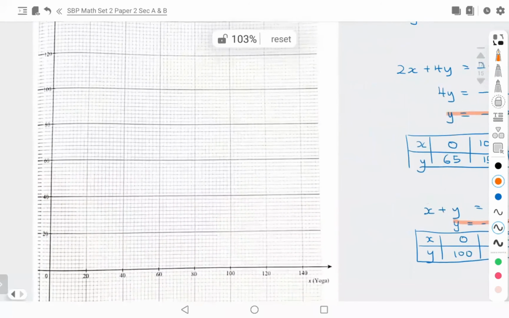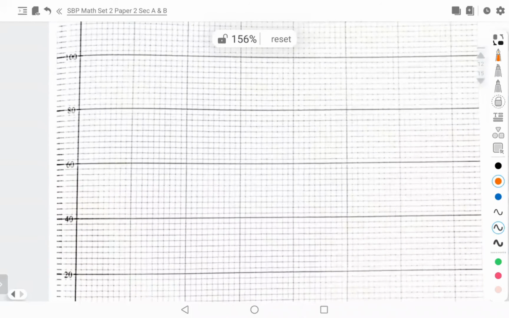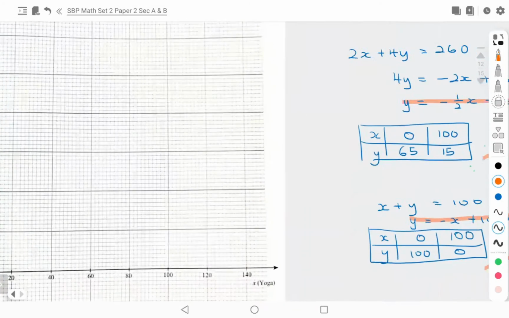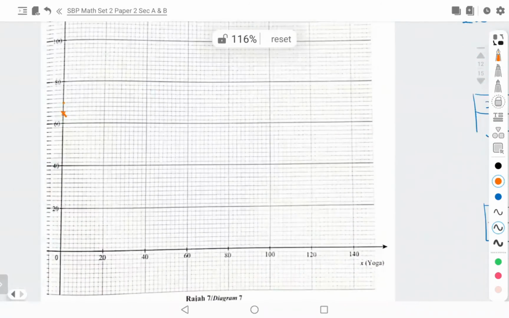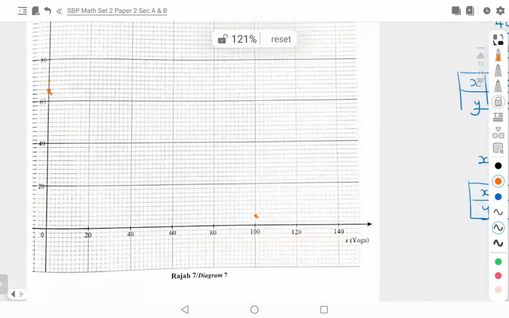65, so 70 is in the middle. Here, so 65 here. First plot. Then the second one, 115. Okay.